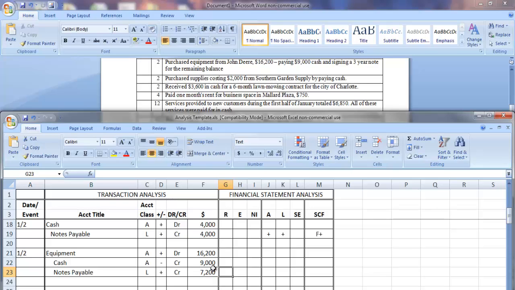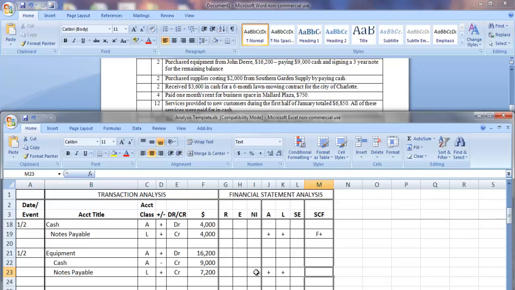Once again, this transaction in total had no effect on our income statement. What happened to our assets? Well, they increased by $16,200. They decreased by $9,000. So they had a net increase of $7,200. Our liabilities also had an increase of $7,200.